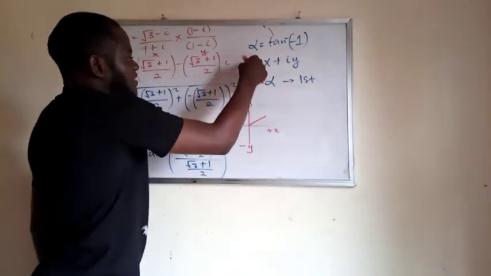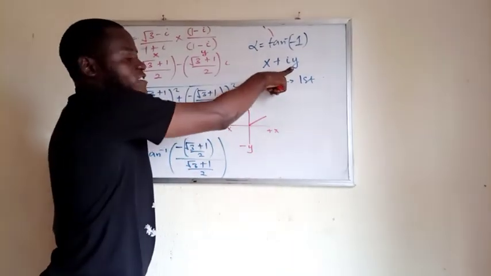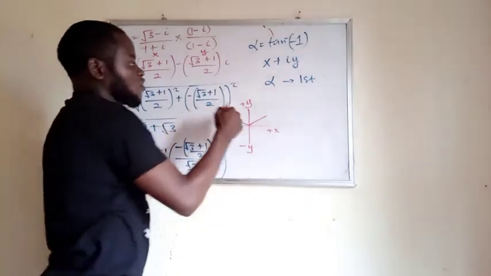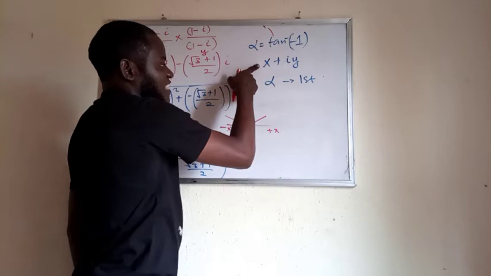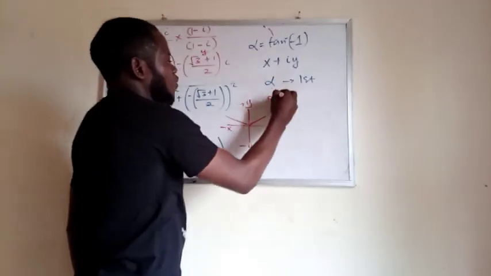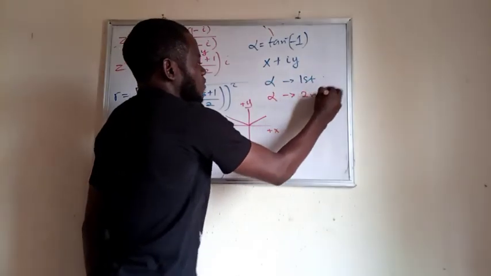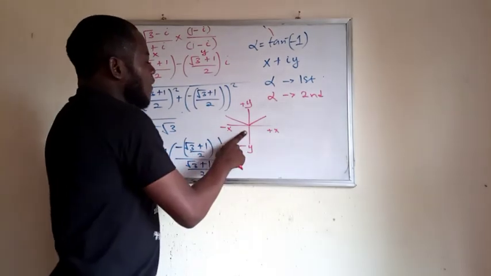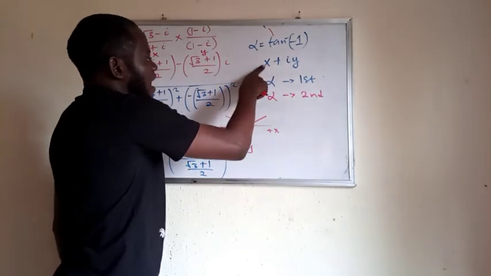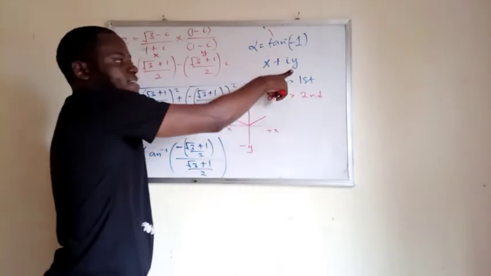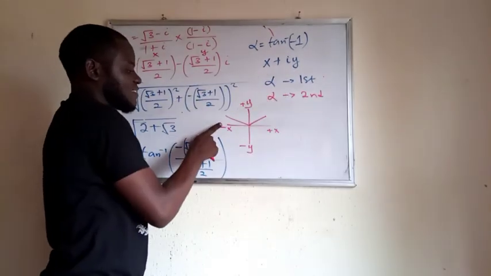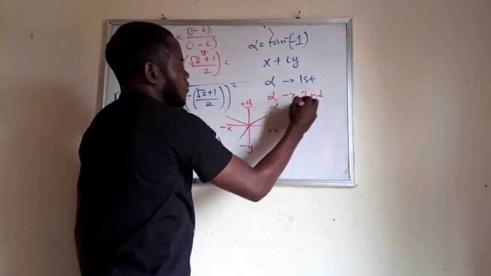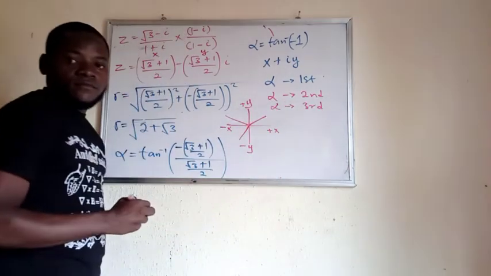But if x is negative and y is positive, when you plot the graph, it's facing this place. So if x is negative and y is positive, your alpha will be in the second quadrant. Then, if x is negative and y is also negative, it will fall into the third quadrant.